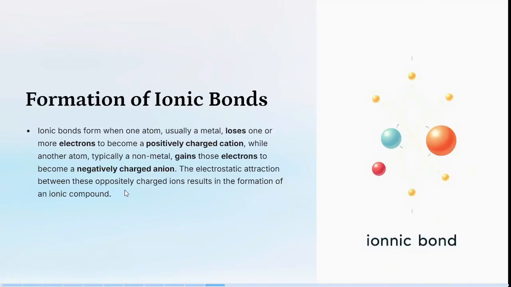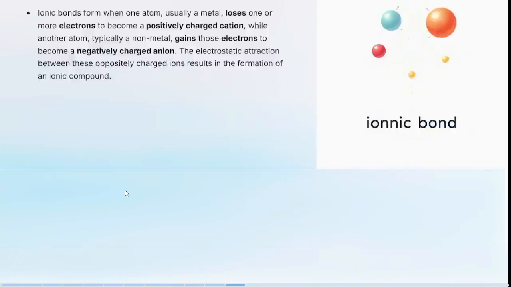When these new species are formed, being oppositely charged, they have an attraction for each other, known as electrostatic attraction. As a result of this attraction, the bond is formed, with negative being attracted to positive, and this attraction is what is called the ionic bond.